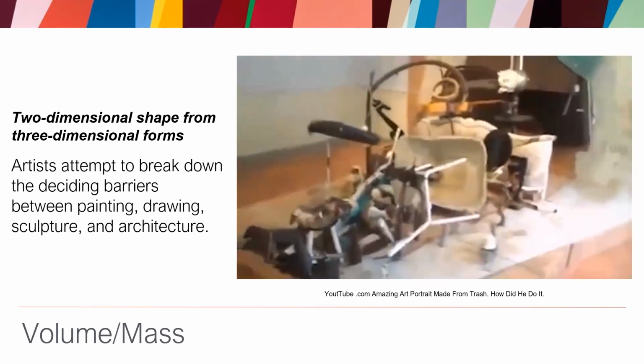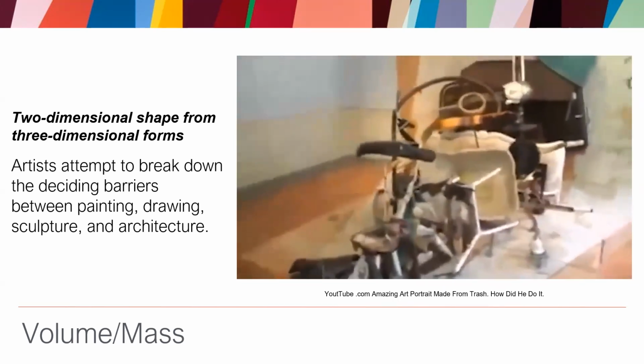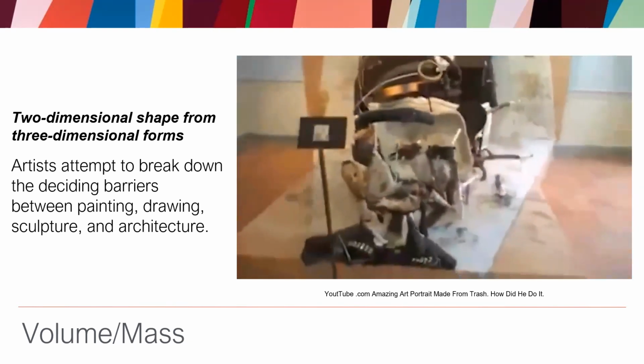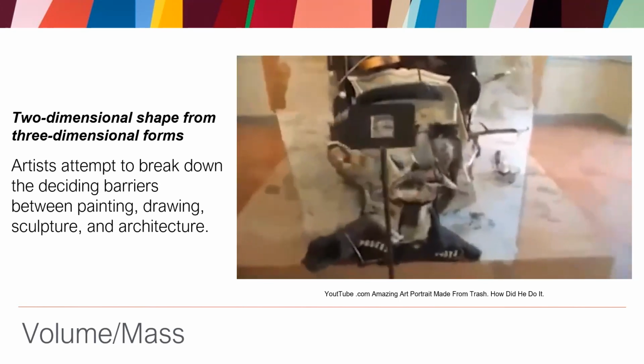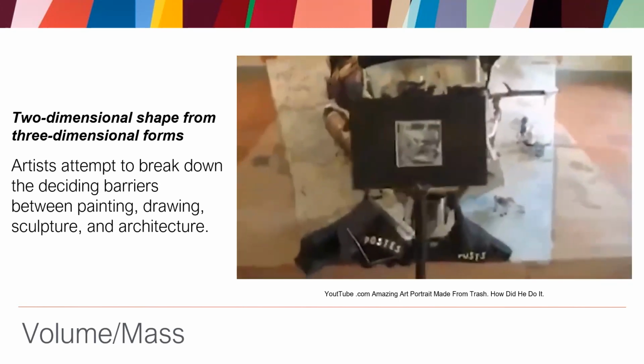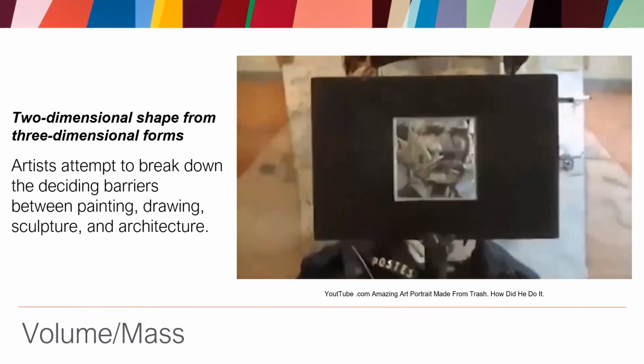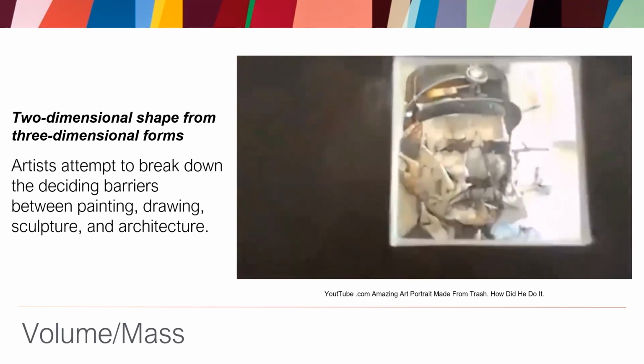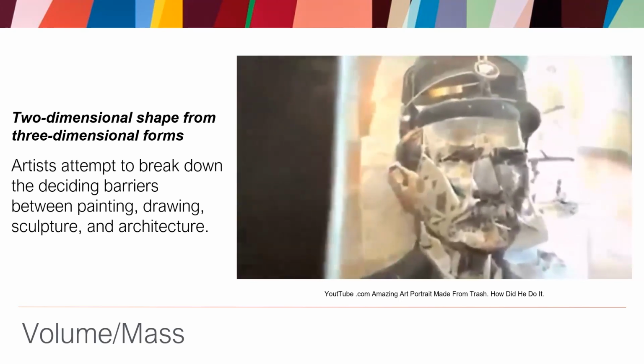So it's garbage from one perspective, and then from this other perspective, we have a picture of, I'm going to say, a soldier. Just an interesting concept of how the different perspective changes our view of the art.